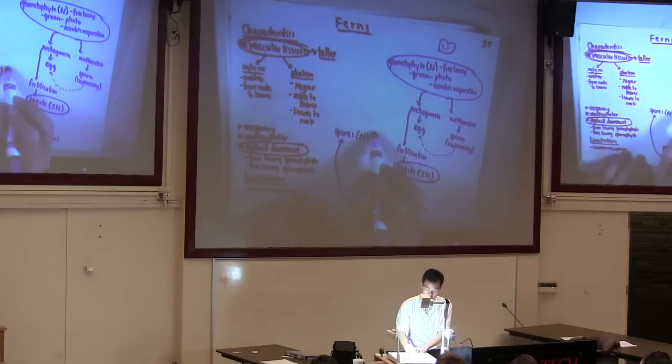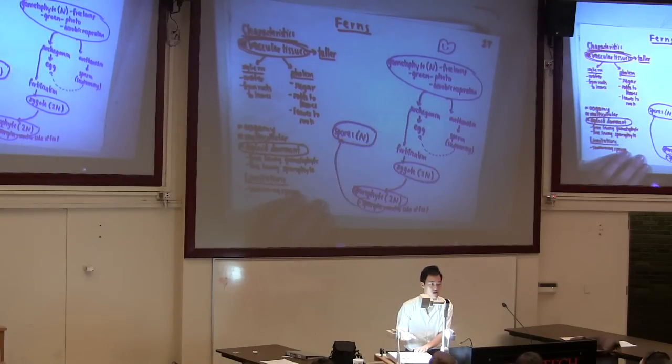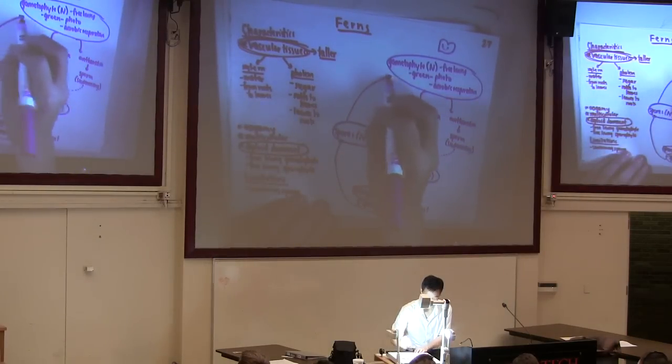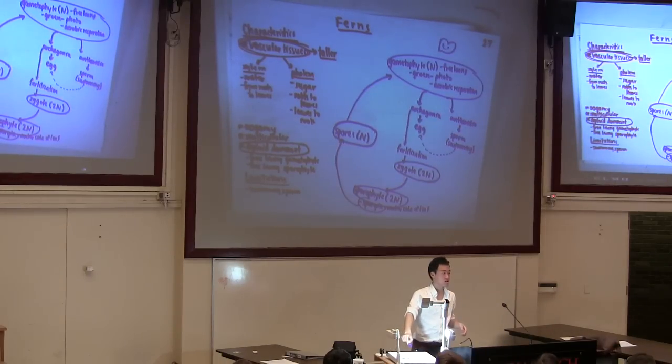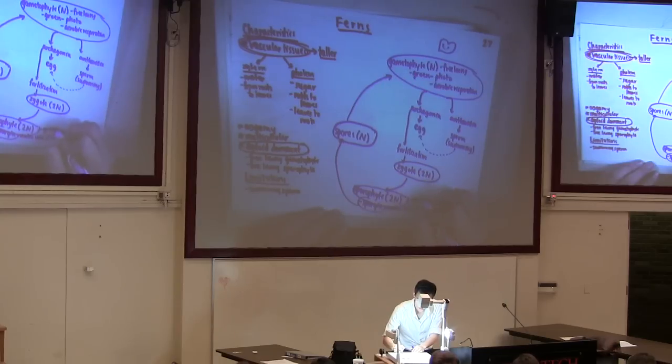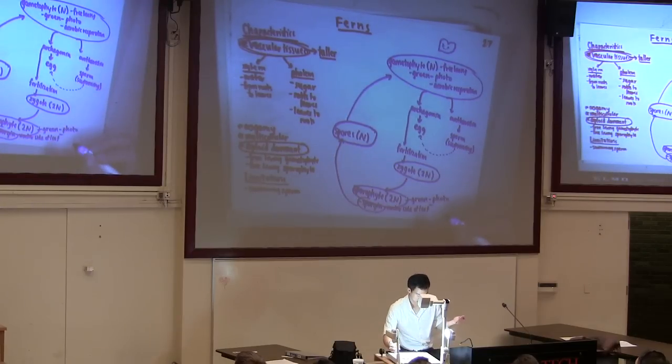The spore produces what? The gametophyte. And again, what color is the sporophyte? Green. So does it do photosynthesis? Yes. It's multicellular, so it does aerobic respiration.